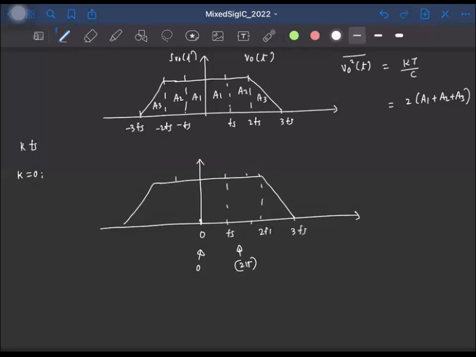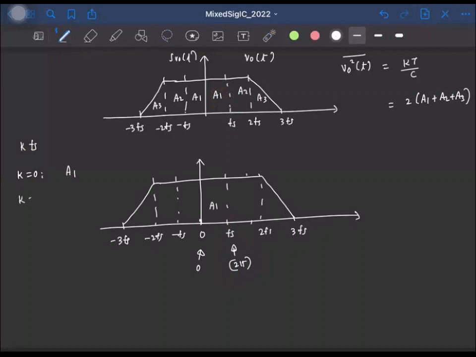This is 3Fs. Similarly, minus Fs, minus 2Fs, minus 3Fs. Okay. So now if you look at this range alone, from 0 to Fs, the area we have now here is only due to this A1, right? So the area is now due to A1.